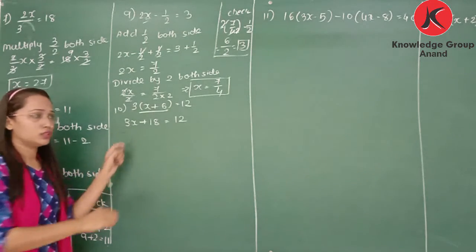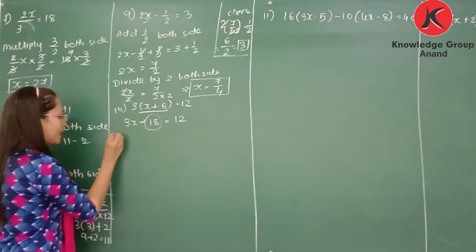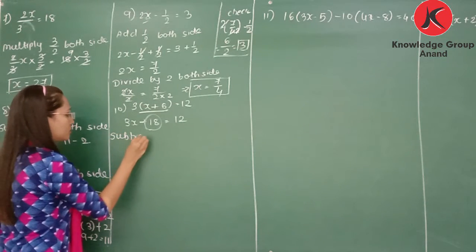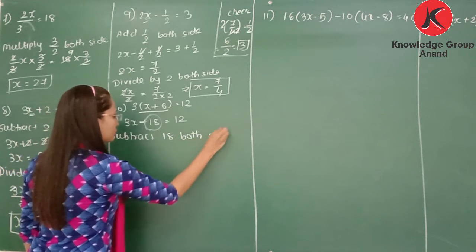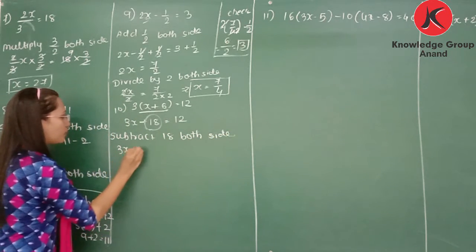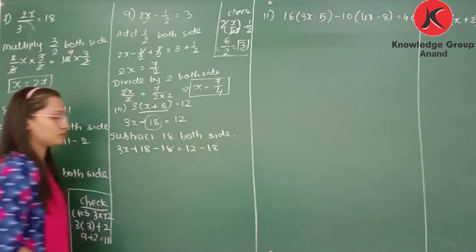Now here, plus 18 is there. Subtract 18 both sides to remove 18. So we get 3x plus 18 minus 18 is equal to 12 minus 18.